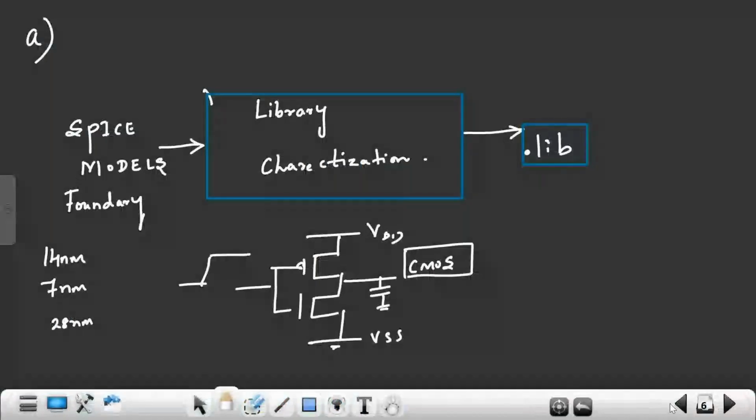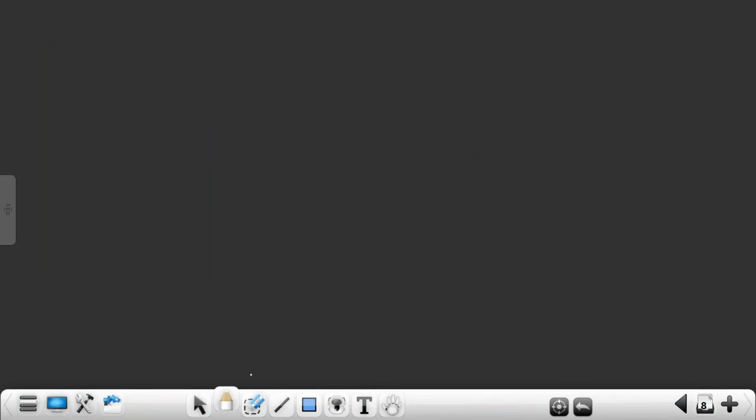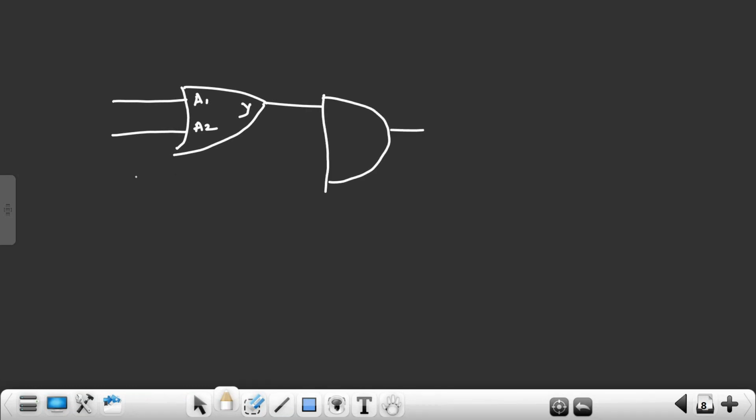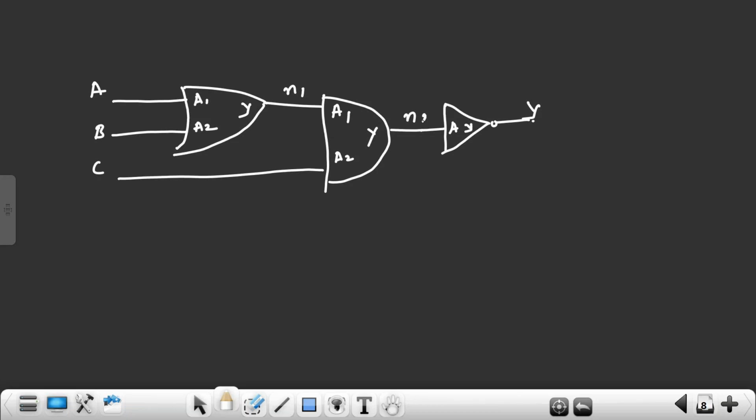See, I'll give you one example. You take this example. See, this is what a gate level design looks like.